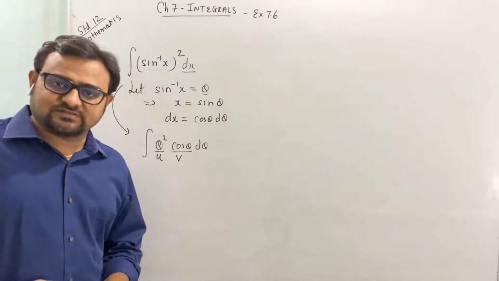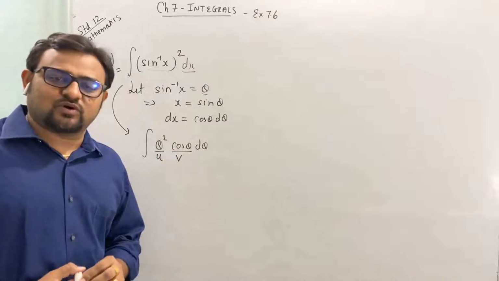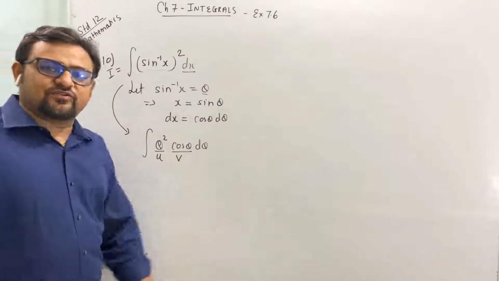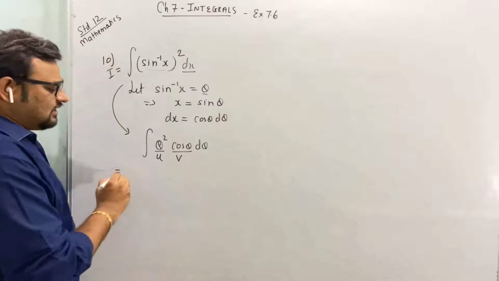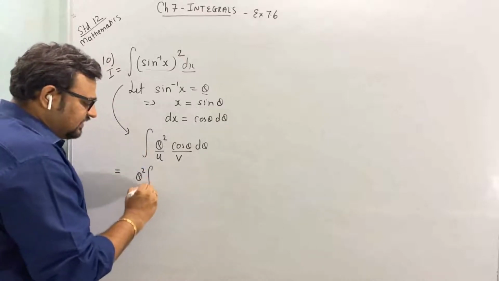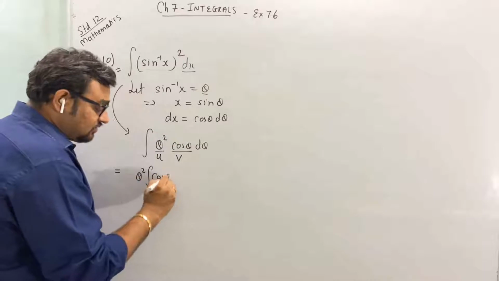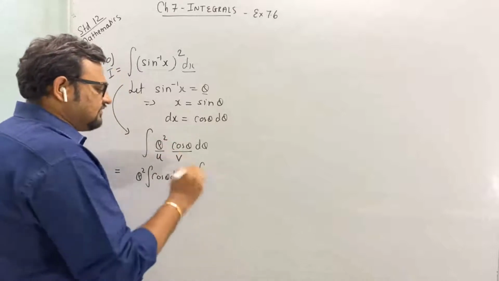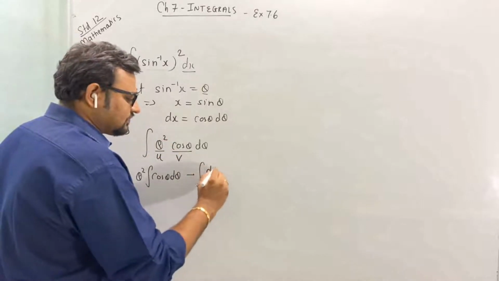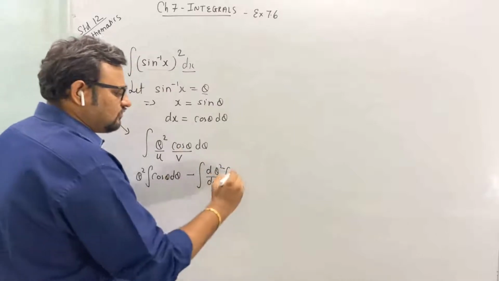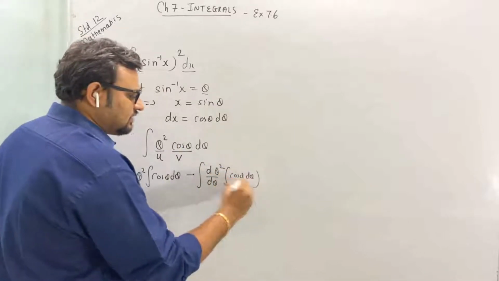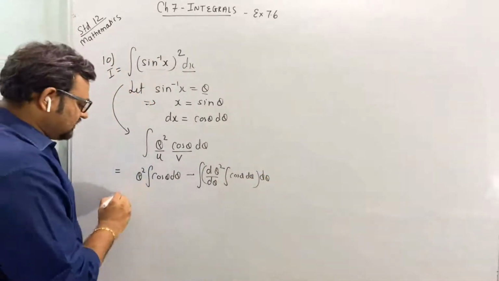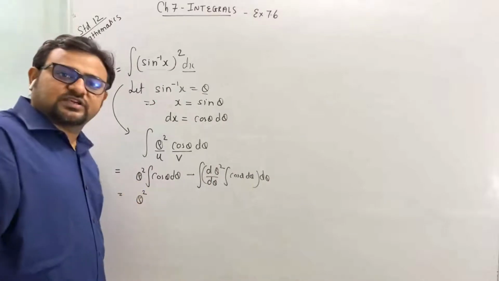Remember: logarithmic, inverse, algebraic and then trigonometric. So algebraic and then trigonometric. We'll use the formula u as it is, integration of v dv, meaning cos theta d theta, minus derivative of u, integration of v. What is integration of cos theta?